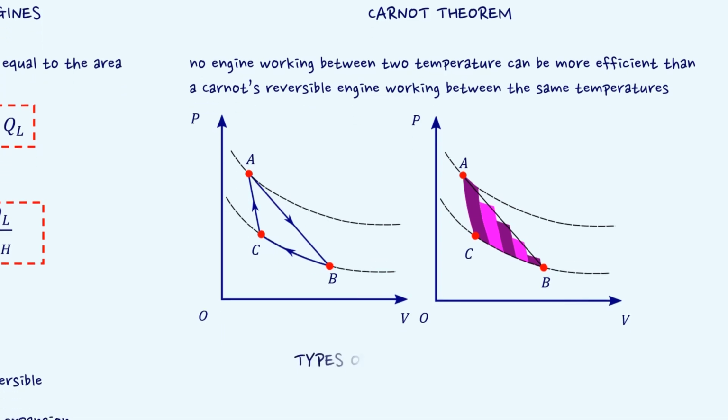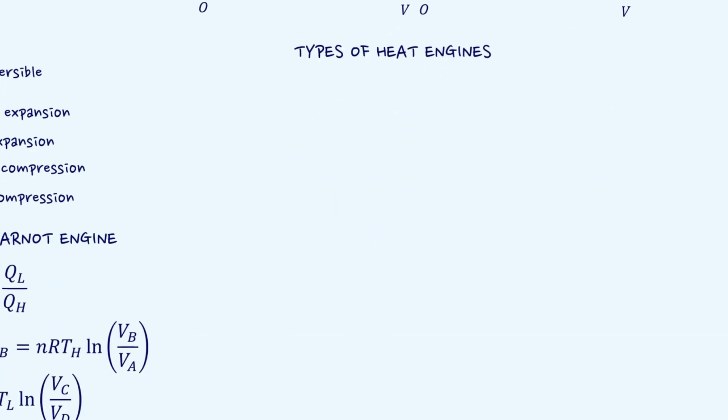Heat engines can be divided into two classes. These are external combustion engines and internal combustion engines. In an external combustion engine, the working substance, that is steam, is produced by burning the fuel outside the cylinder. The steam engine is an external combustion engine. In an internal combustion engine, fuel is burned inside the cylinder.